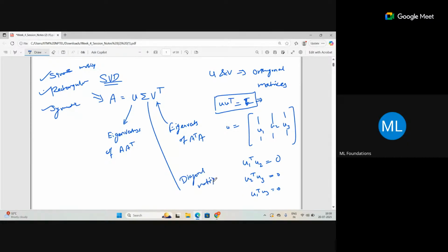The diagonal entries are the square root of the eigenvalues, and they are called singular values. So sigma 1 is the square root of lambda 1, sigma 2 is the square root of lambda 2, with the highest eigenvalue corresponding to the first.